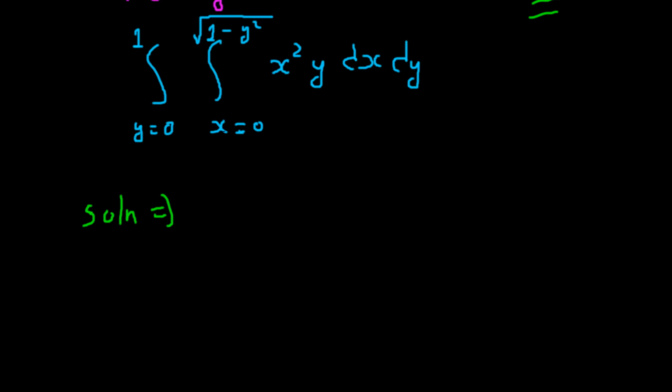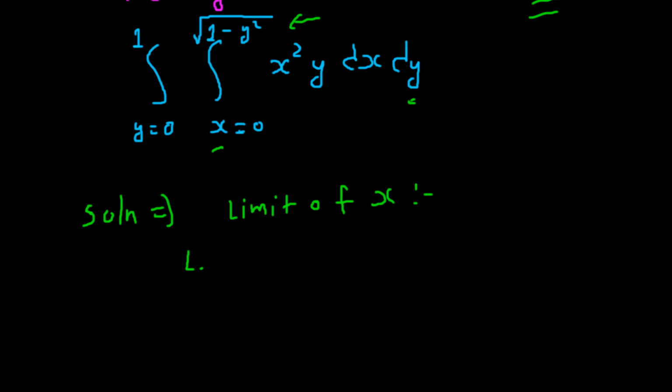Here we can see that there are two limits, and x square y dx dy. So basically wherever there is a term like this, we're going to take that first. Let's just write the limit of x.